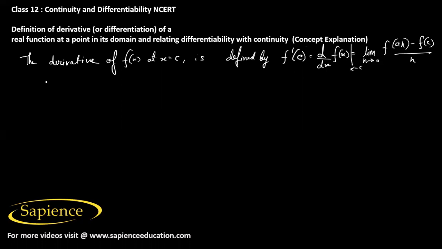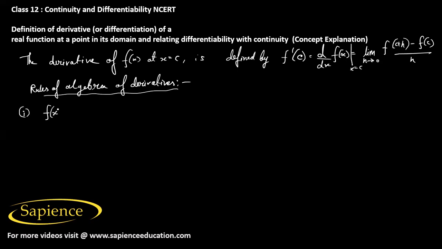And we also know some rules of the algebra of derivatives. The first is, f of x plus minus g of x, d by dx of that is equal to d by dx of f of x plus minus d by dx of g of x.